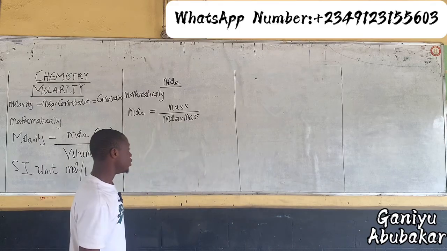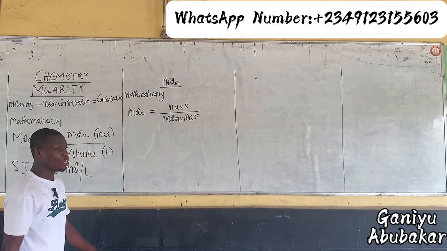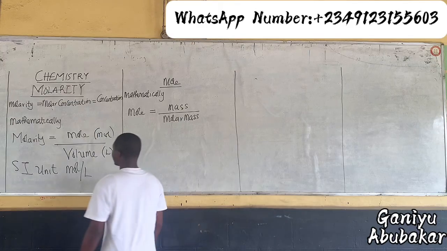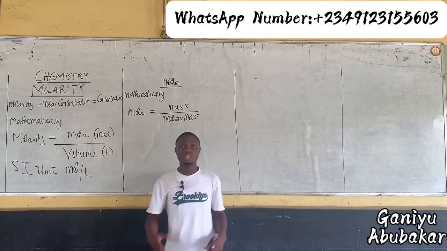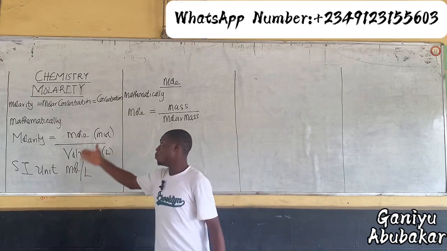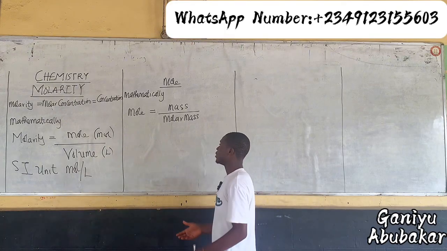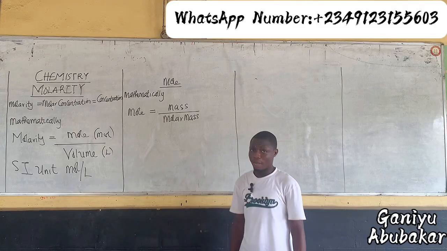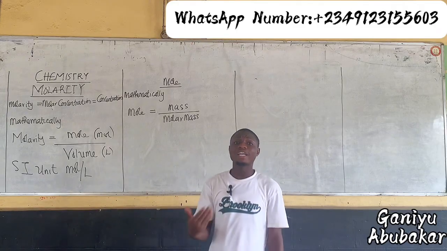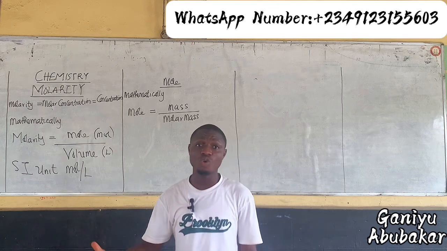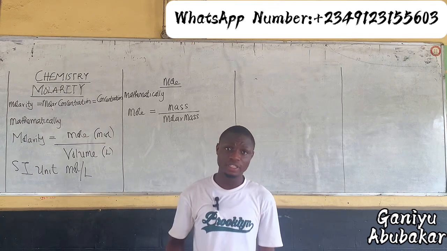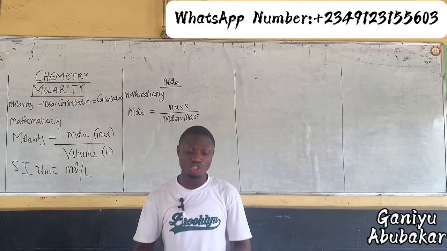So this is the key concept I want you to note when it comes to mole. When we start solving problems, you'll see why we need to understand mole, and note that mole is mass over molar mass. By the way, mole can also be expressed as the ratio of number of particles over Avogadro's constant. If you're familiar with my previous video, you should know all this.